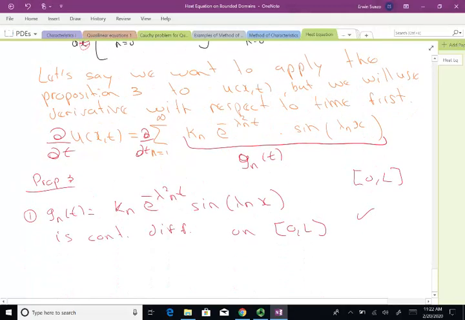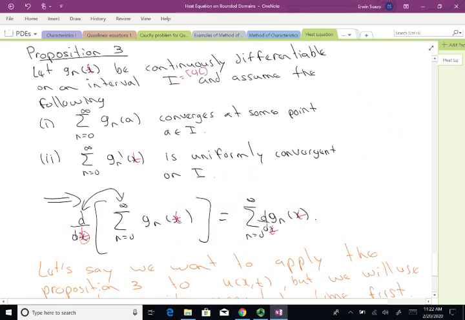I can just plug in at 0, Gn of 0, the sum of Gn of 0 sine lambda n. Okay, we will do this together with another case. So we need to find a point and see that this sum is less than infinity for some point.